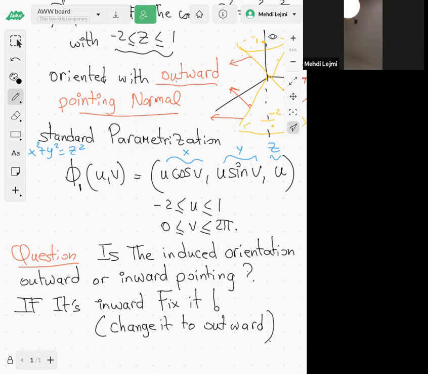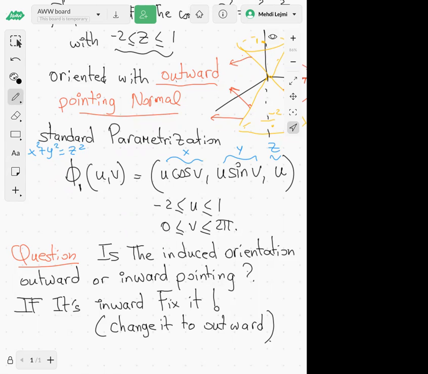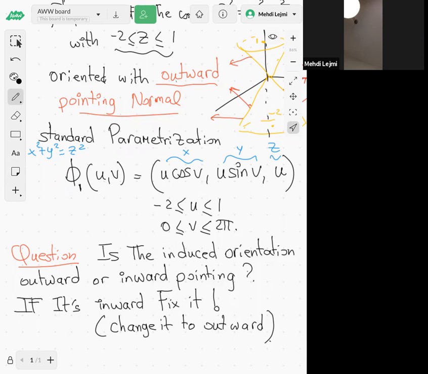Do you think it's inward or outward? Oh, I didn't check the point yet. So you have to check the direction if it's outward pointing or inward pointing.